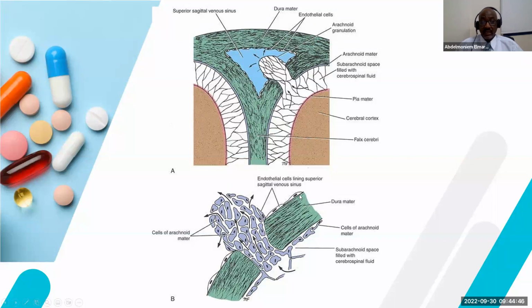These are endothelial linings. Because these sinuses are blood vessels, they are lined with endothelium, and the projection is through the endothelium, and the cerebrospinal fluid actually percolates through the spaces between the arachnoid cells, making the granulations.